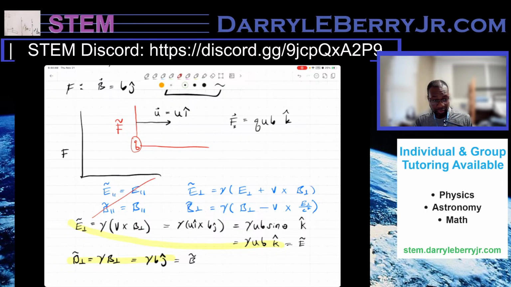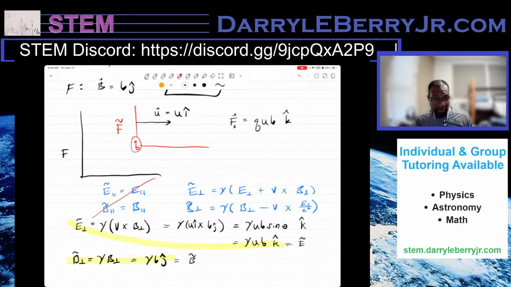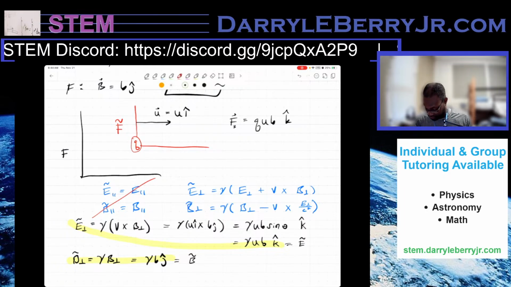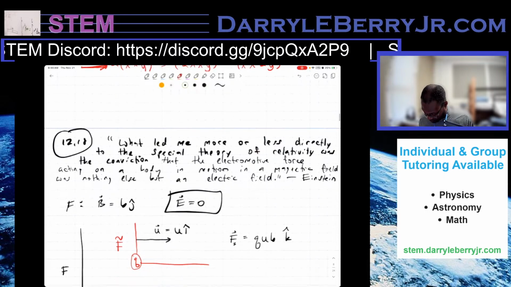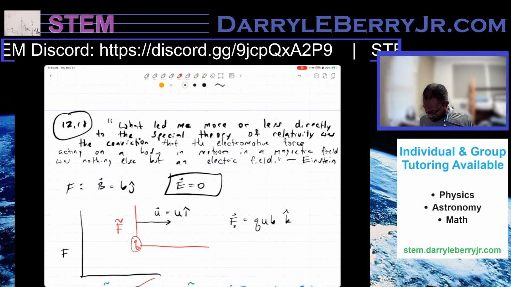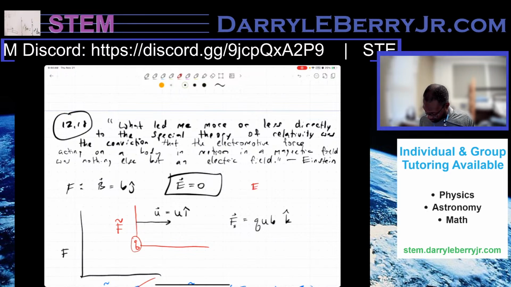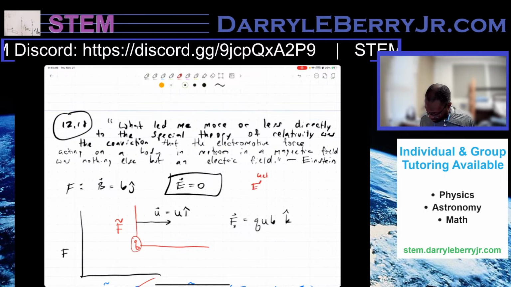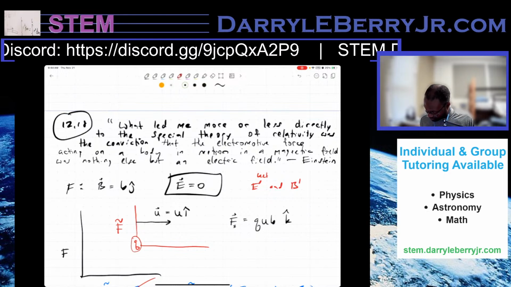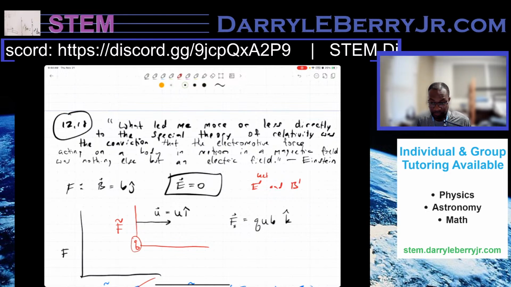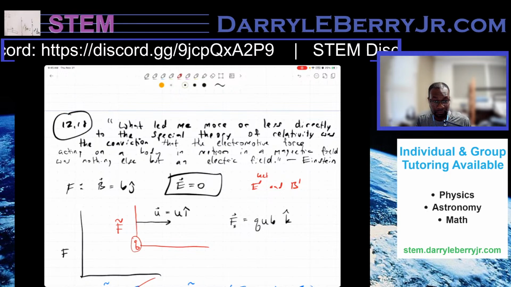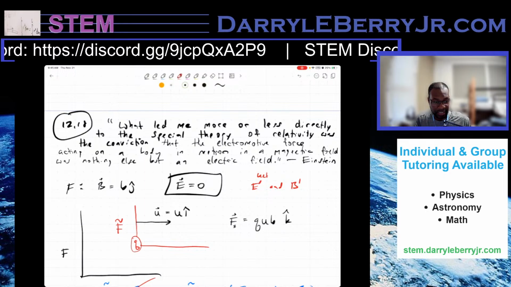So I have to get the force. So all I have to do is get E prime and B prime, which I wrote elsewhere with the little squiggle. Right. So that's that.